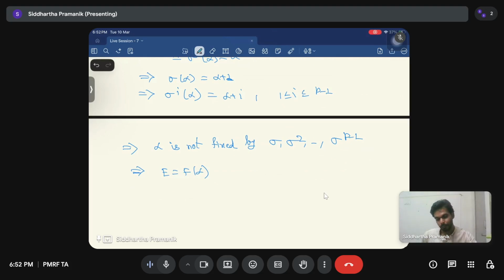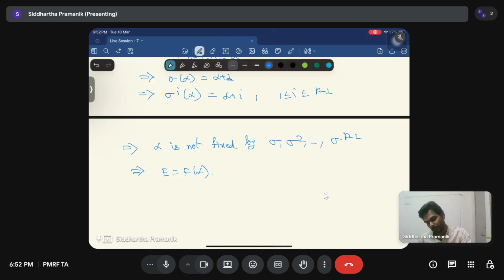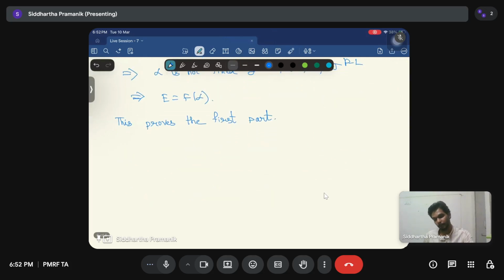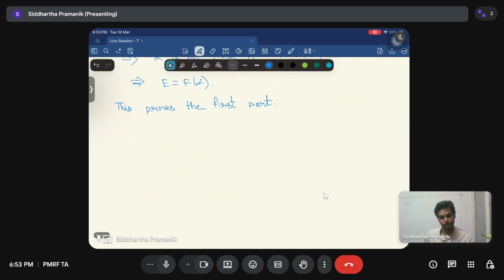Okay, now we have to prove that this element is a root of a special kind of polynomial. So this proves the first part. Okay, now we have to prove the second part.